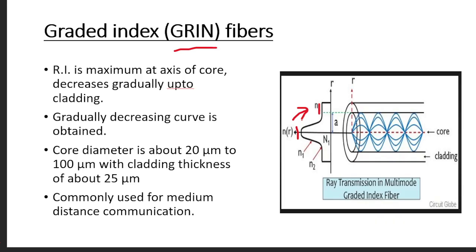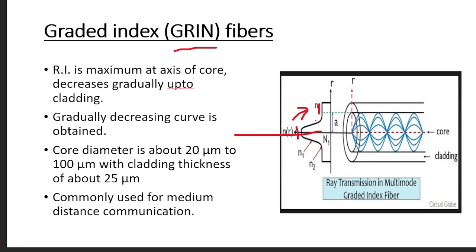That means the refractive index is maximum at the core. Here at this point, the refractive index of core is maximum and from this point the refractive index decreases gradually up to the cladding. So a gradually decreasing curve is obtained in graded index fiber.